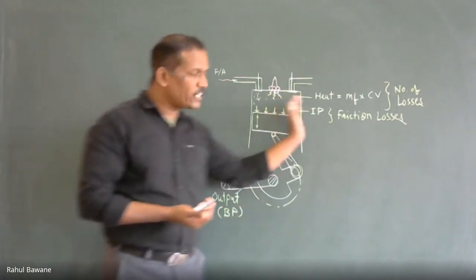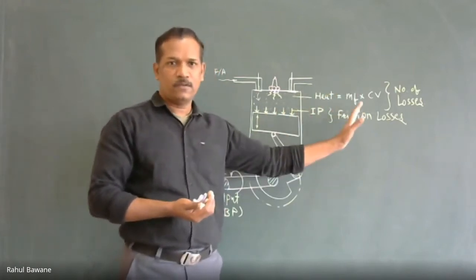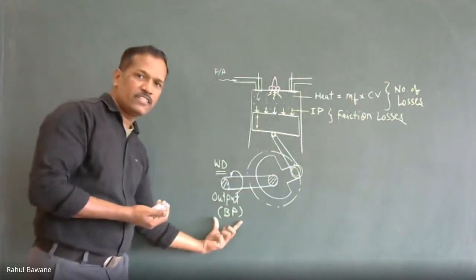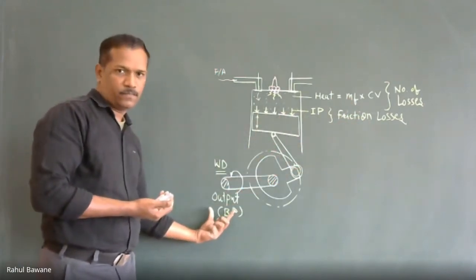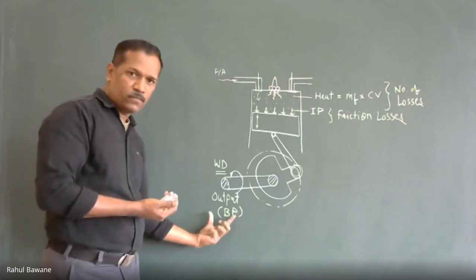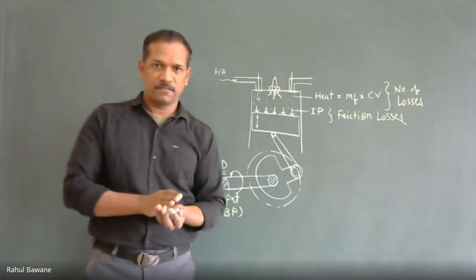The portion of this heat energy which is lost is not available for conversion into output. So it is not available for output, and that portion is known as unavailable energy.